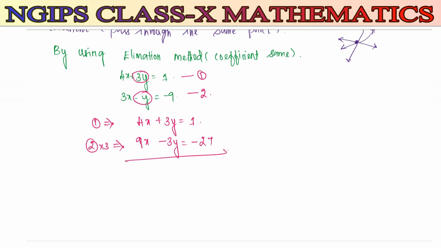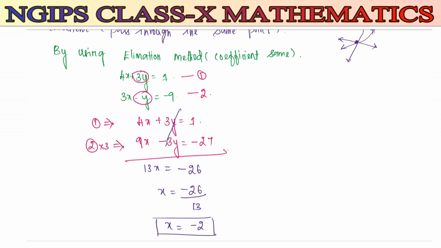So here we have alternate signs. When you have alternate signs, we can add here. So 9 plus 4, it is 13x is equal to 1 minus 27, we get minus 26. So x is equal to minus 26 divided by 13. So x we got here is minus 2. This is the value of x.